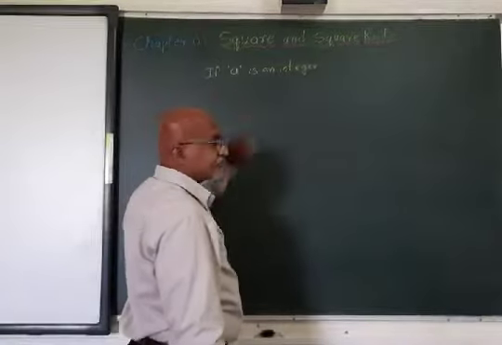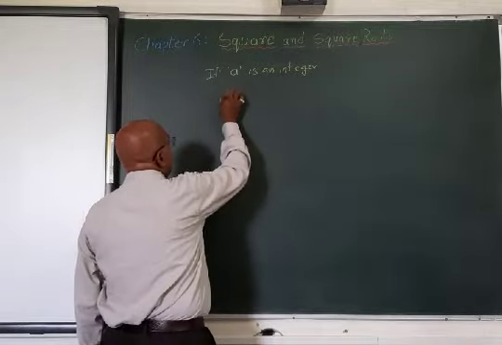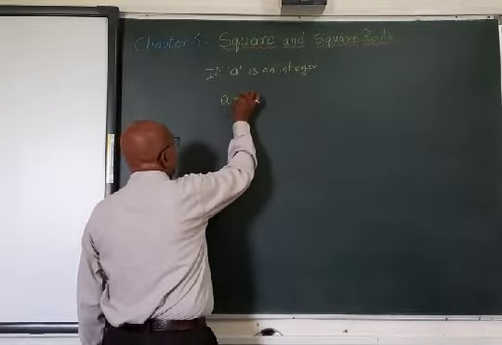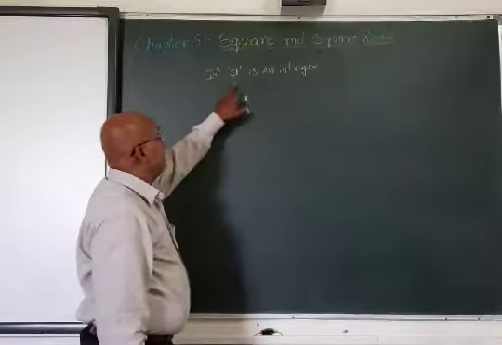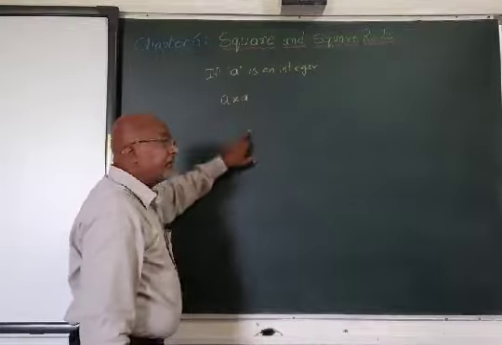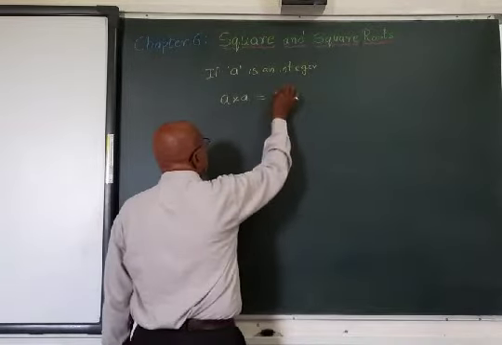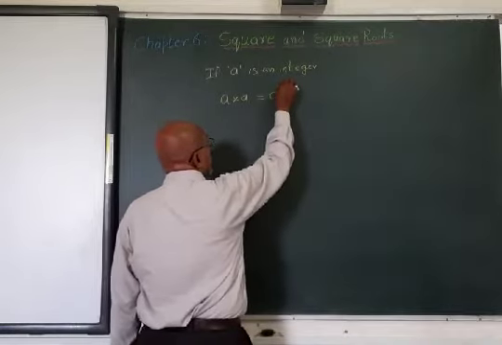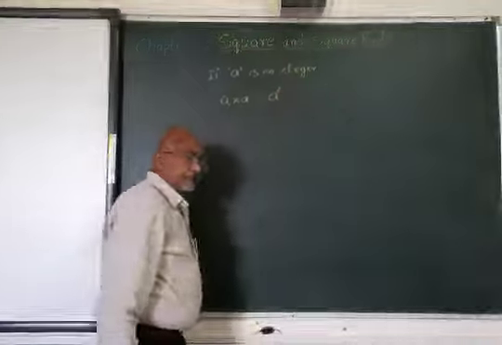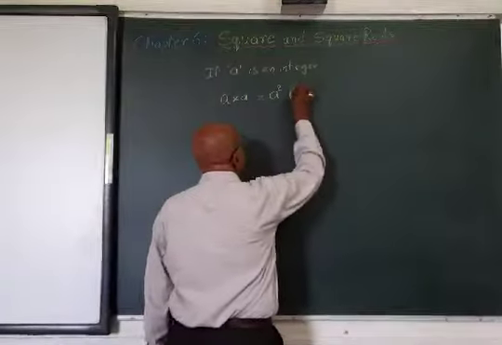Now, when we multiply an integer with the same integer, the product is written in the exponent form as a square, or a power 2, which is nothing but square.